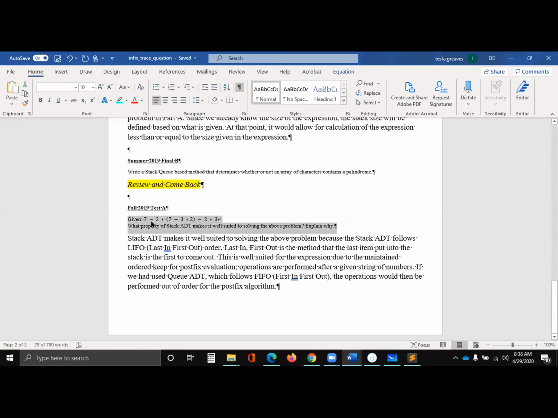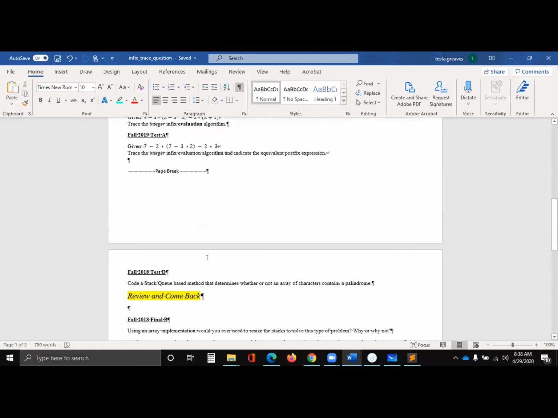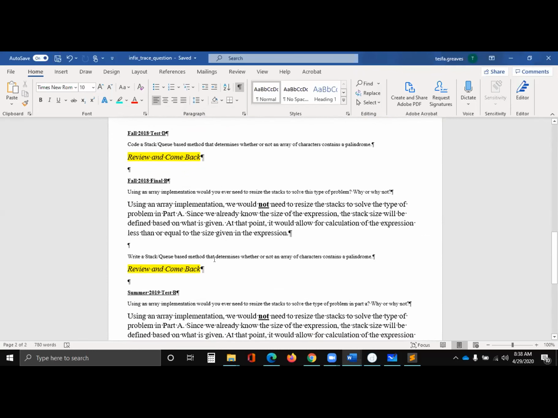Now, given 7 minus 2, given this infix string, what property of the stack ADT makes it well suited to solving the above problem? This is why I put everything together: that fast, we're able to get through most of the questions, and that's how easy it should be to solve the questions on the exam, at least how it's supposed to be.